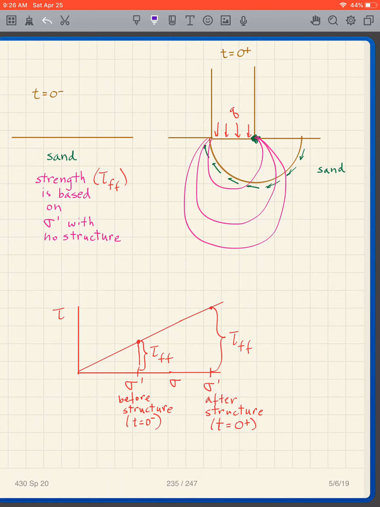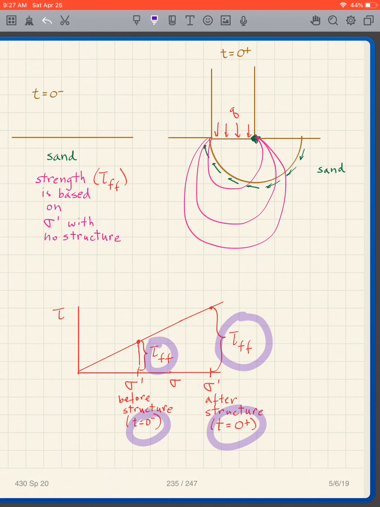So in a sense, building the structure does two things for us. We get a bigger tau ff after the structure is built. It actually increases our strength.